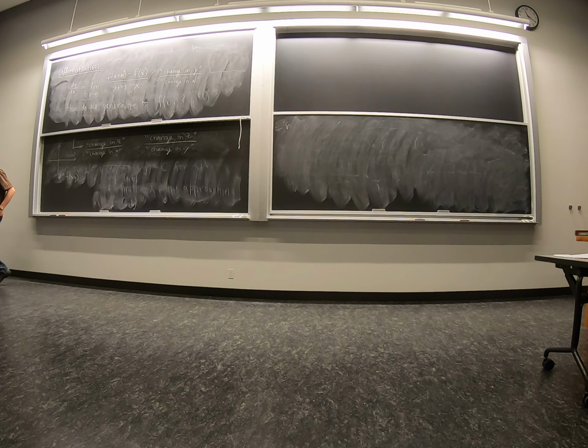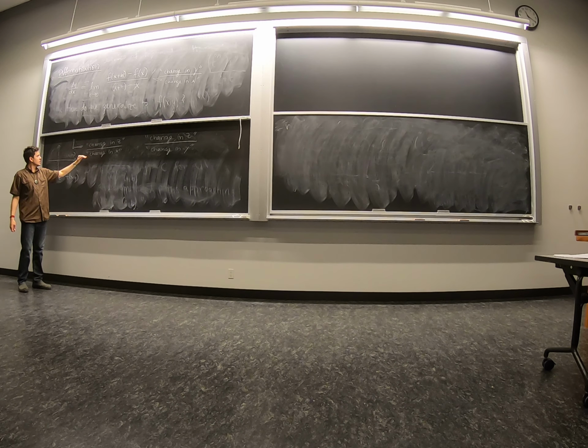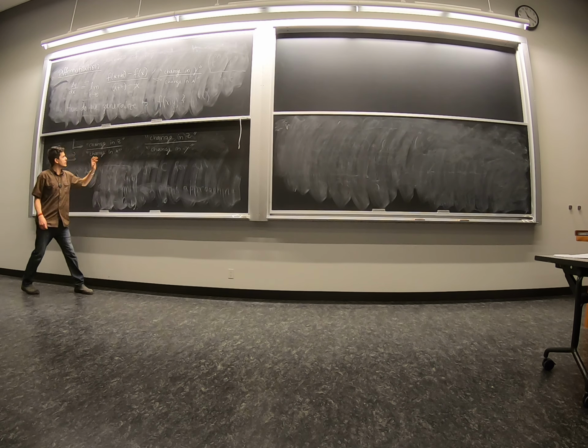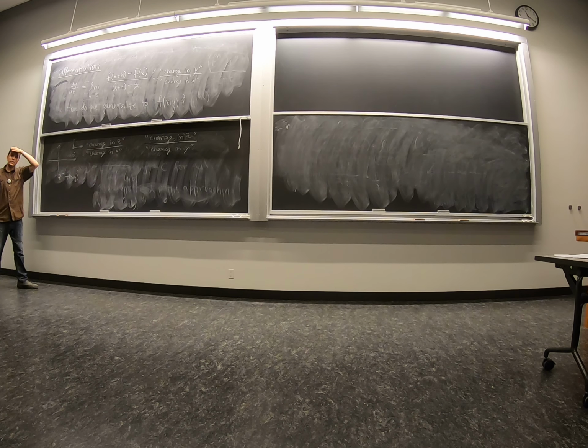Right, so these sort of measure two distinct notions of rate of change. This is as you travel in the positive x direction. This is as you travel in the positive y direction. So each of these is sort of partial information about the rate of change of our function.